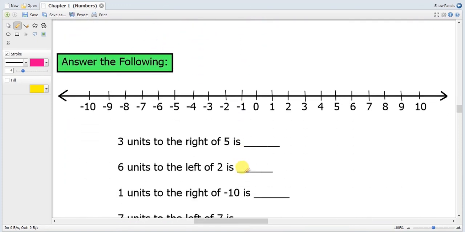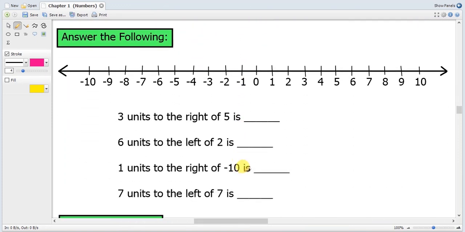Okay. Next is answer the following questions. So in this case, let's do it. The number line is already given to us for our reference to solve these questions. First question is 3 units to the right of 5. So where is our number 5? So this is our number 5.